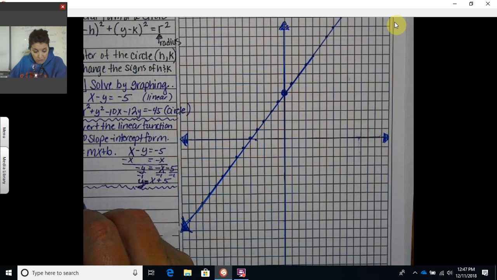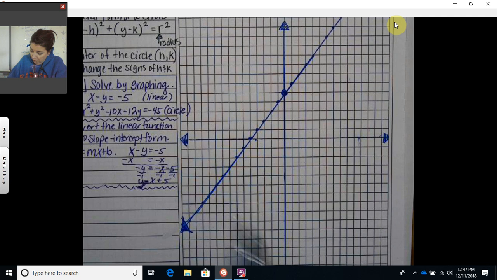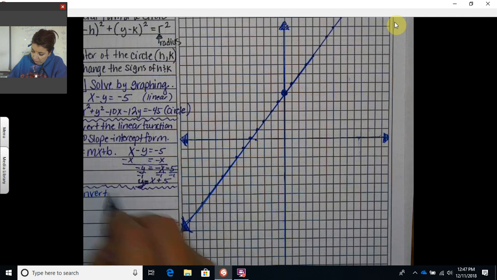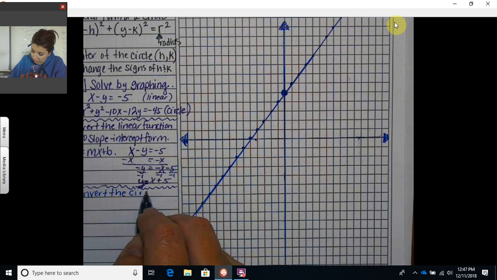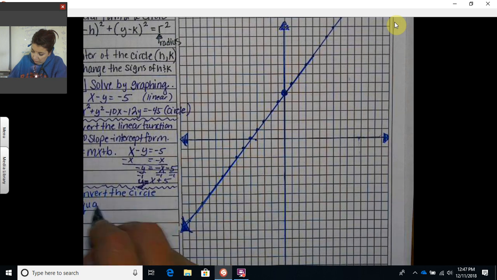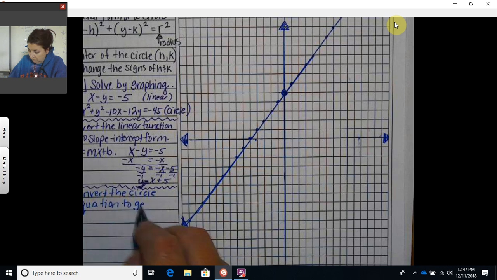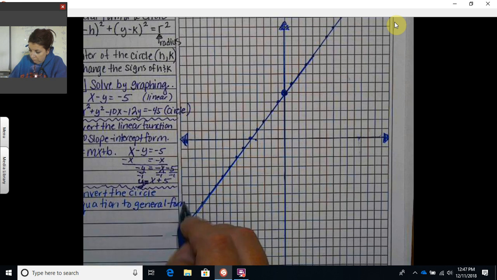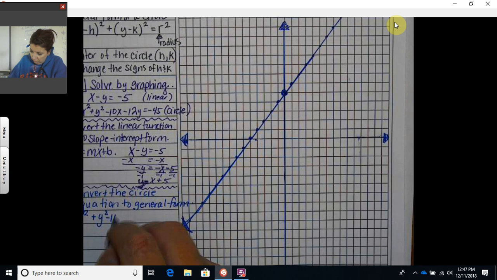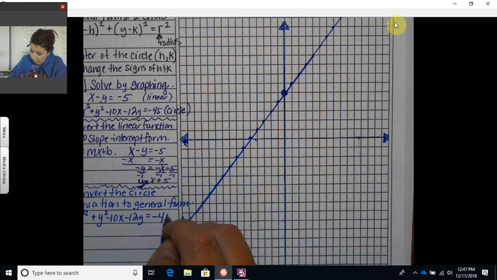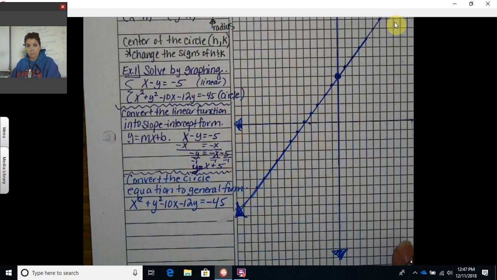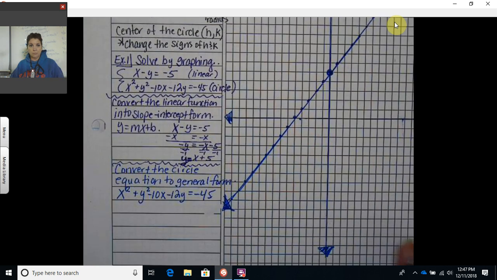To do that, we're going to convert the circle to general form, which is what we wrote at the top of our notes.